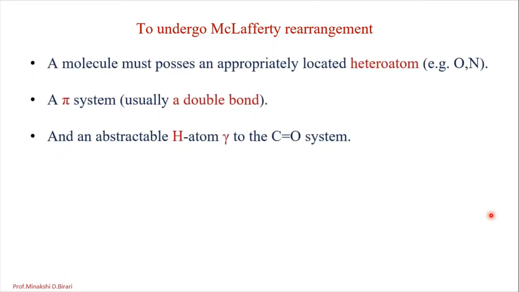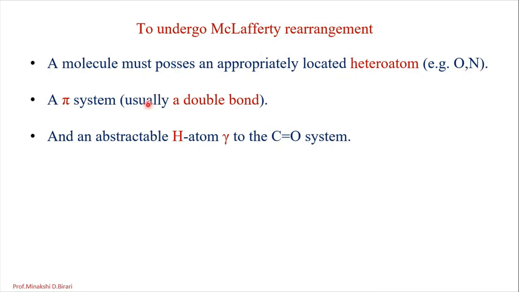So to undergo McLafferty rearrangement, what should be the criteria? The first important condition is that a molecule must possess an appropriately located heteroatom. The heteroatom may be oxygen, nitrogen, like that.